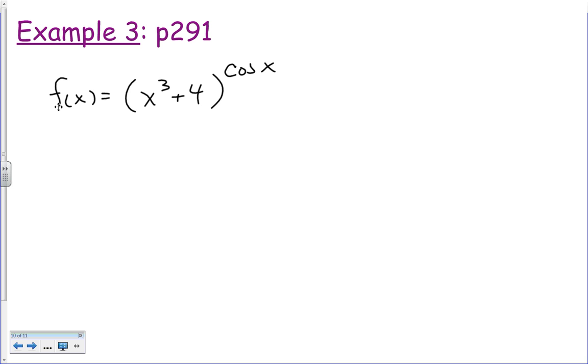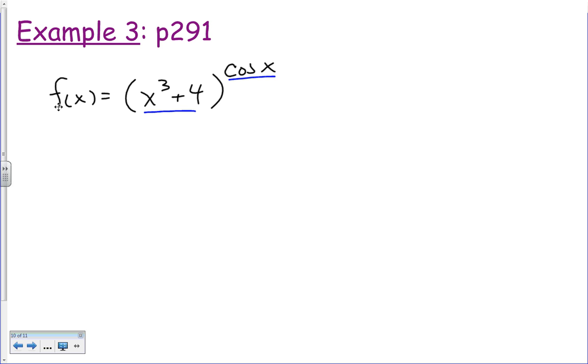All right. So when you look at this, this definitely looks like a composition because I have an inside function. That's what we call the base of this thing, the x cubed plus 4. And you also have an outside function there, which is the cosine of x. The problem that we have here is that the exponent is not just a number.